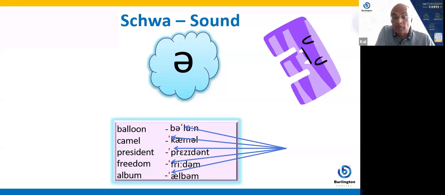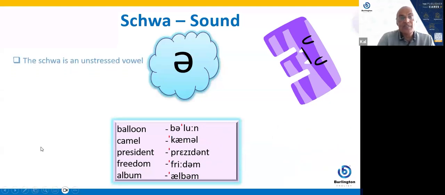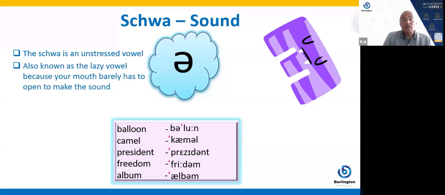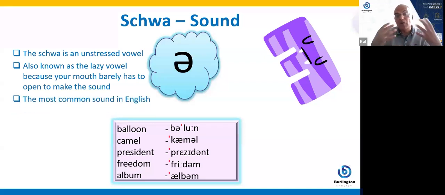So if one of the syllables is stressed, that means the others are not stressed as much, and that's where the schwa comes into its own. Okay. So what is the schwa? It's the unstressed vowel in a particular word. Because it's unstressed, some people call it the lazy vowel because your mouth barely has to do anything to make that sound. Okay, and because it's the unstressed vowel, this is the most common sound in the English language.